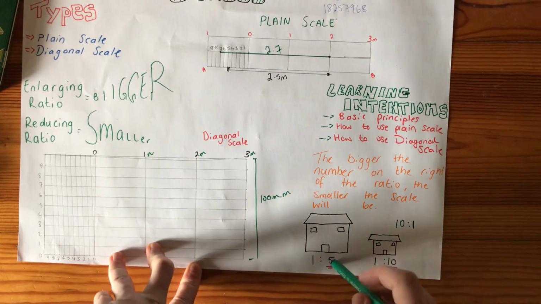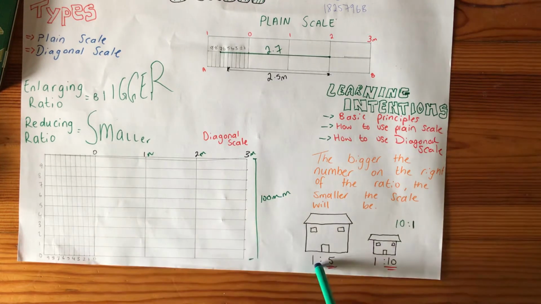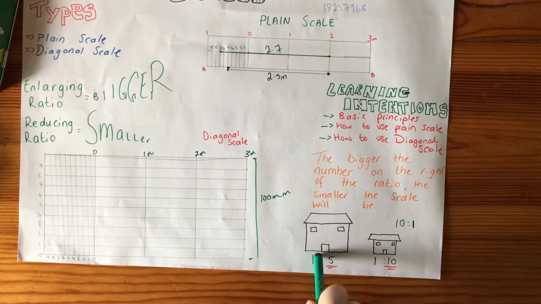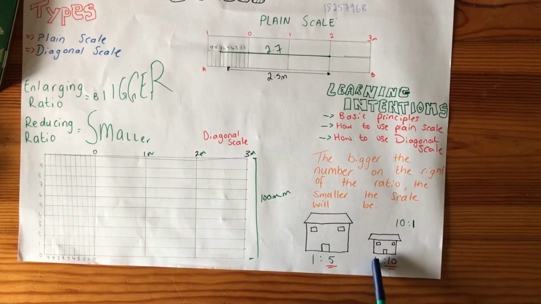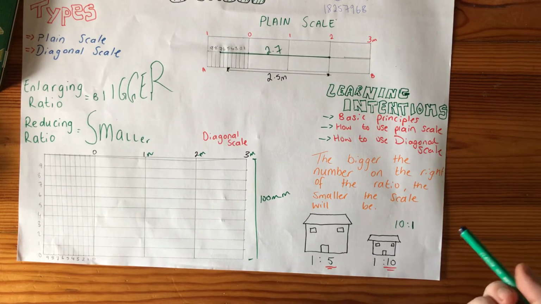It means it's 5 times smaller than the actual object itself. So this number 1 represents the actual size of the object, and if the number is on the right hand side, it means it's 5 times smaller than the actual size. And then you can see here that this one is 10 times smaller. So the bigger the number on the right, the smaller the scale is going to be.